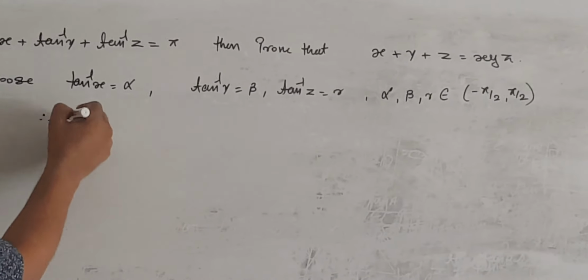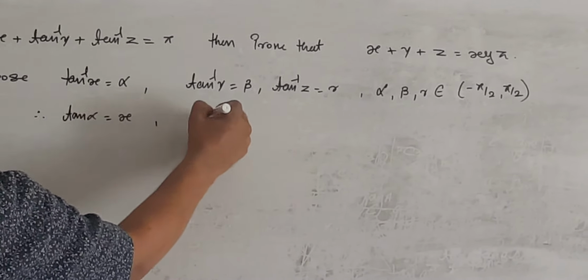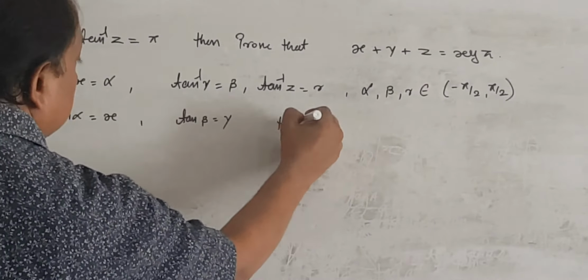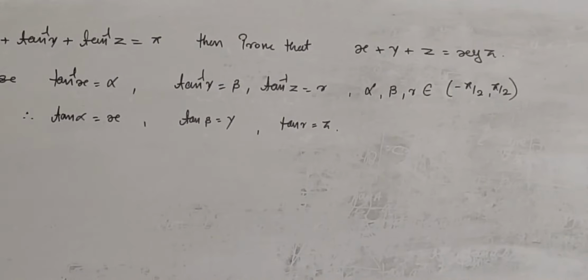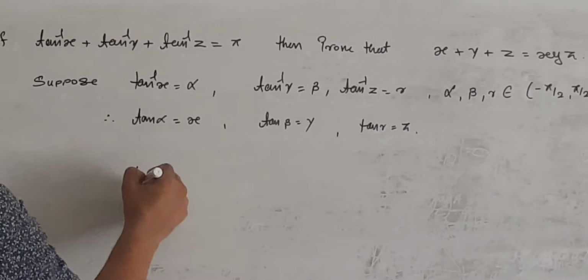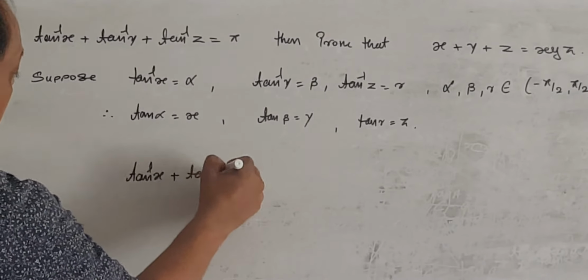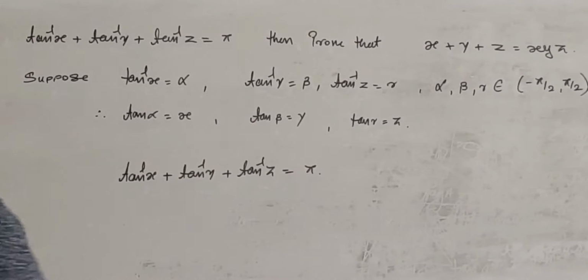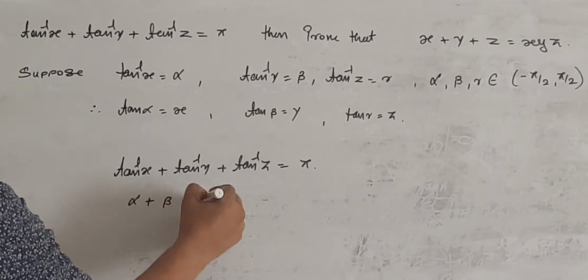Then you can say that tan alpha is x, tan beta is y, and tan gamma is z. See, I just repeat the question. What is given here? Tan inverse x plus tan inverse y plus tan inverse z equal to pi. But tan inverse x is alpha, so alpha plus beta plus gamma is equal to pi.